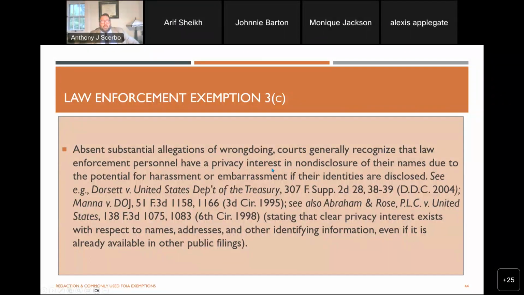So the fact that there has been disclosure, unlike, say, the trade secret issue, even if this information is available in other public filings, there is still a clear privacy interest with respect to law enforcement names, addresses, and other identifying information.